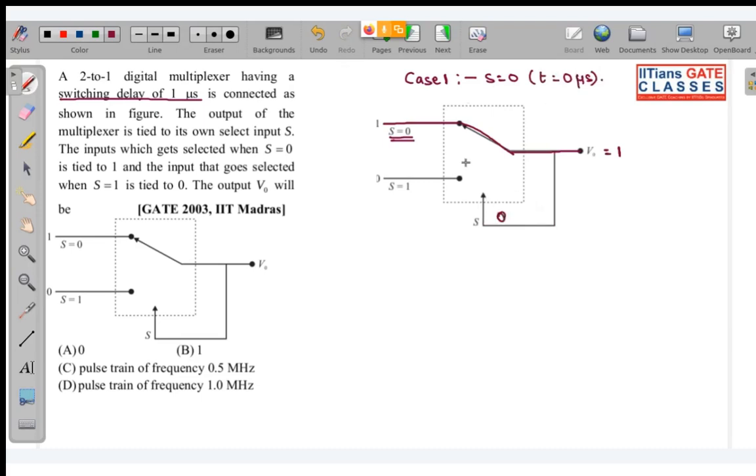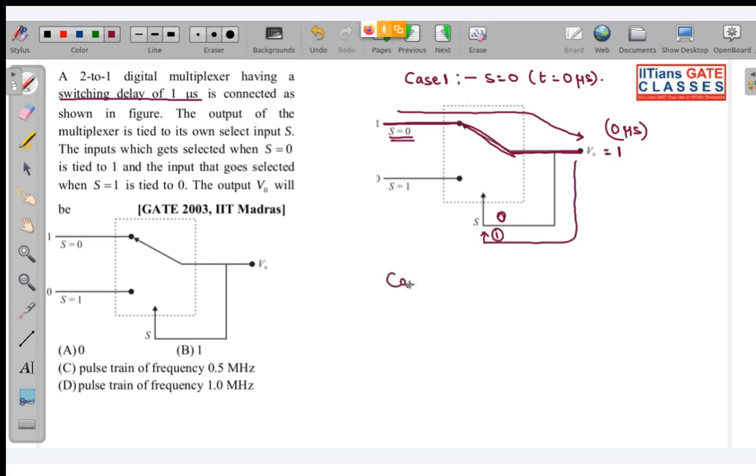So when S is equal to 0, immediately your V0 will be 1 at 0th microsecond. So this is your flow diagram. Now, immediately even this will be 1, but switching will take place after 1 microsecond.